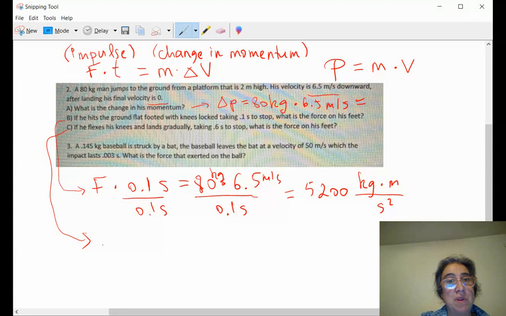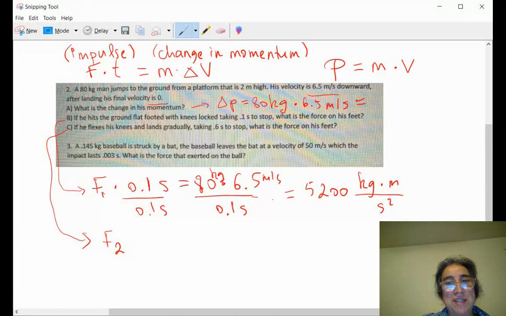So the same formula would apply for this situation, which is a different force now. I'm going to say this is the first force, the second force. And I don't really like to say equal to here because that's not an equation. The left is an equation, the right is a number.